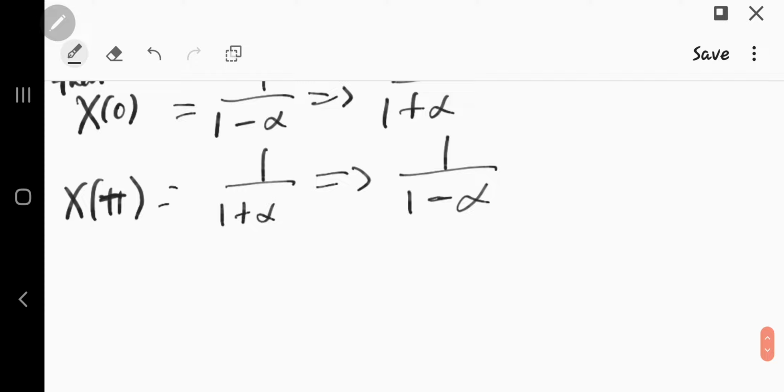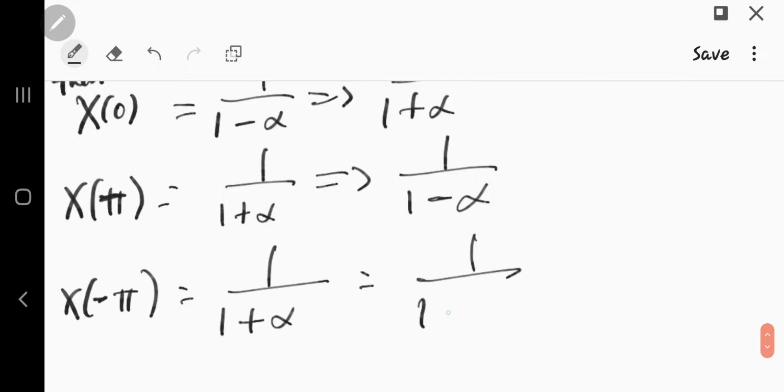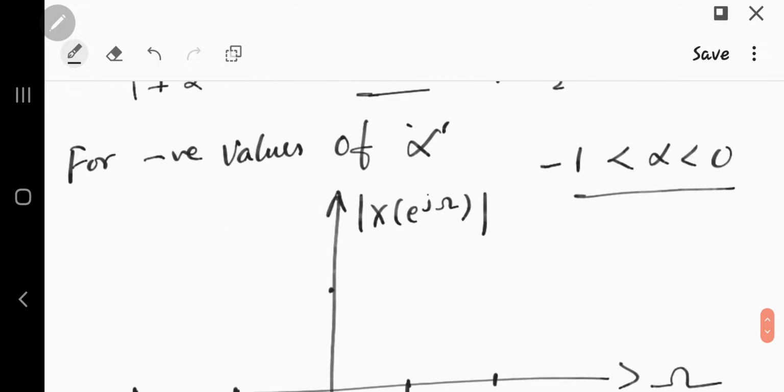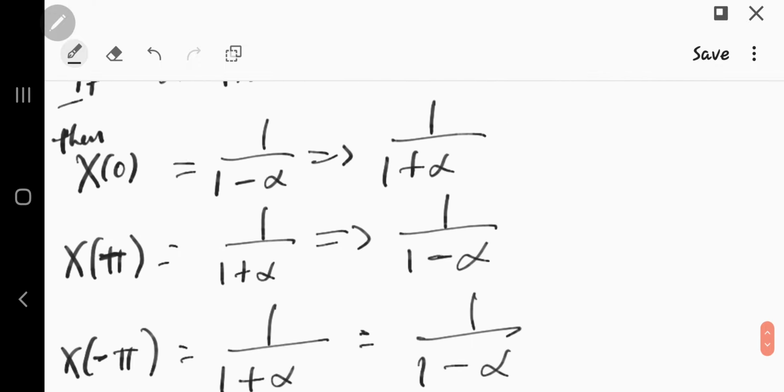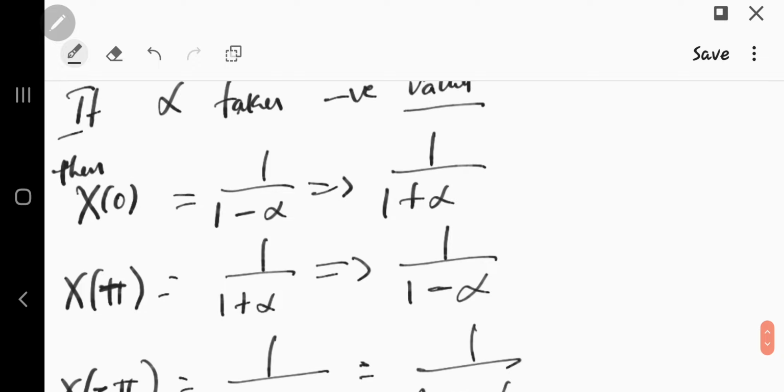The same happens for x of minus pi if it takes the negative value. So 1 plus alpha becomes 1 divided by 1 minus alpha. Now you have to apply values for alpha.